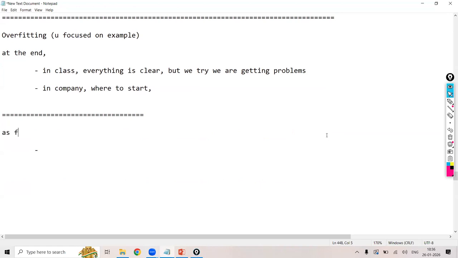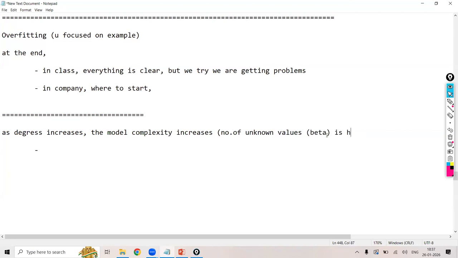As degree increases, the model complexity increases. Model complexity increasing means the number of unknown parameters, the beta values, increases. The unknown values, that is nothing but beta, will increase.